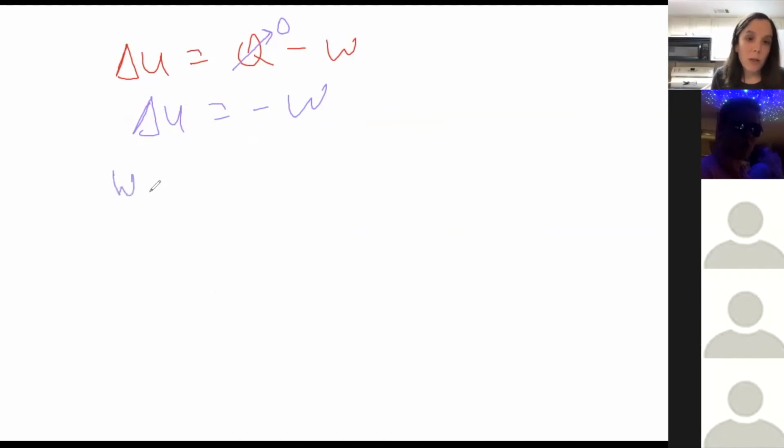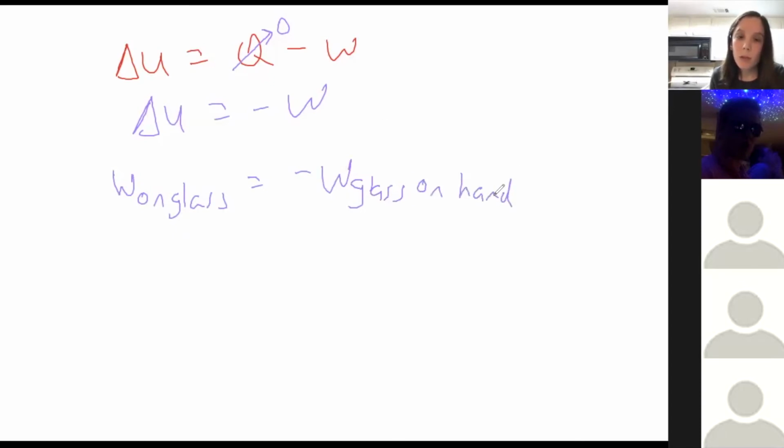So the work that we do on the glass would equal the negative of the work that the glass does on the hand.